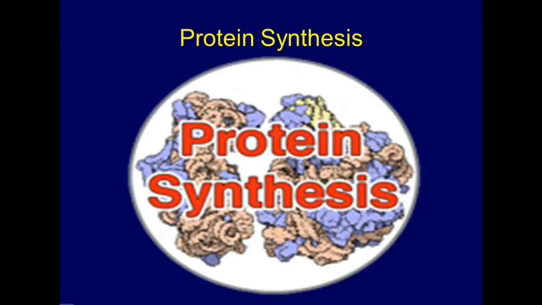And remember, chromosomes are made of DNA, so that's what we're talking about, the DNA in chromosomes of a cell. Each sequence of nucleotides codes for an amino acid.